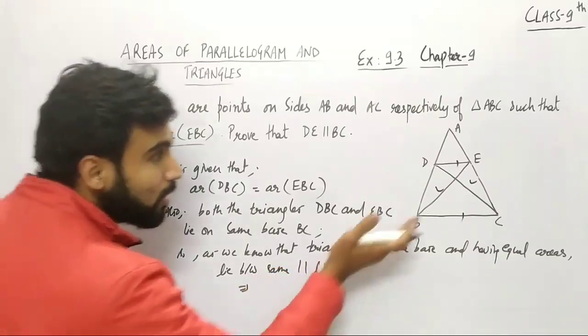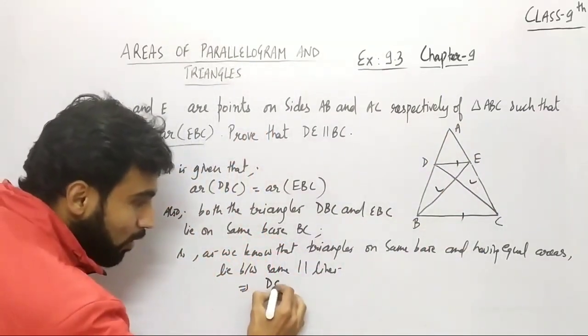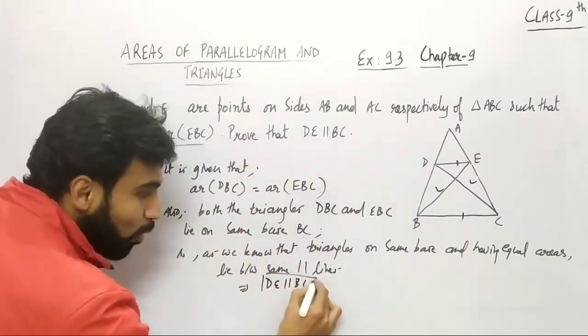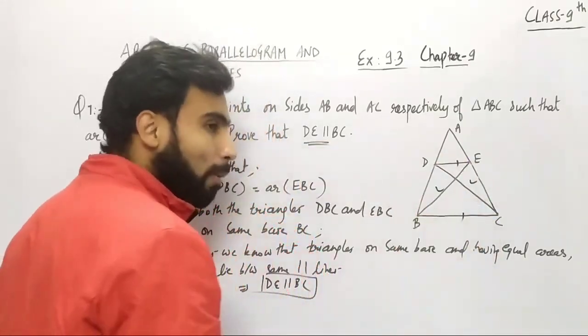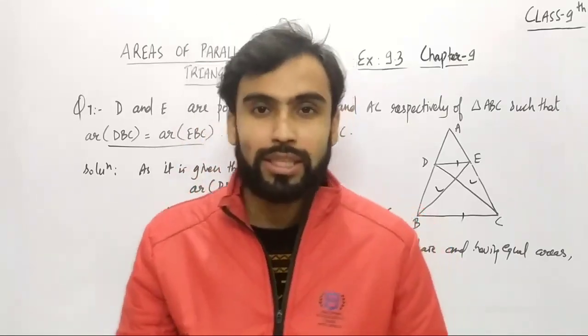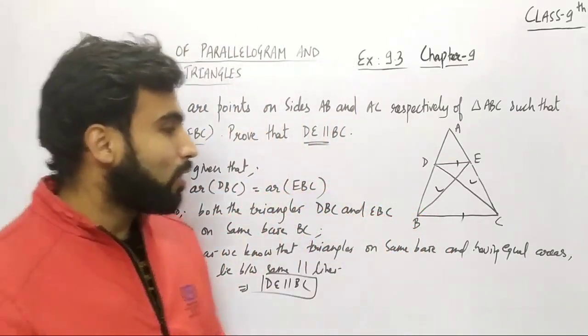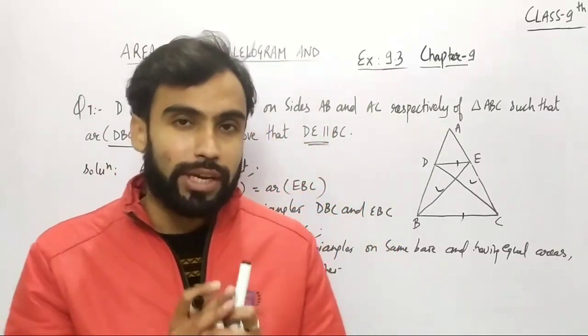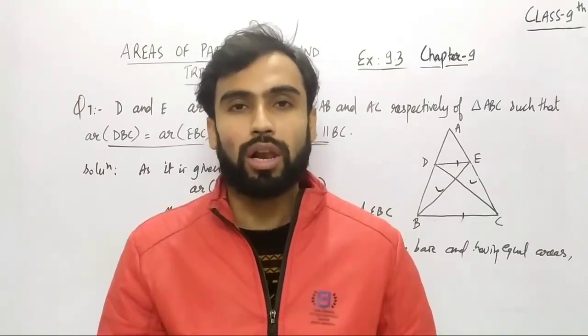So this implies that DE is going to be parallel to BC, and this is our motto in this question, that we have to prove DE is parallel to BC, right? Quite easy, you just have to remember the property of the triangle, that the triangles on the same base and having equal areas lie between the same parallel lines. So that was all in this question.